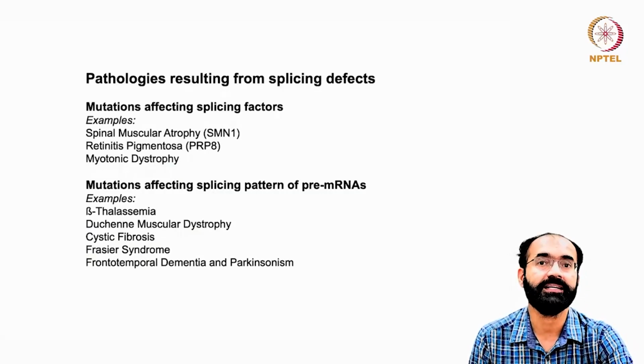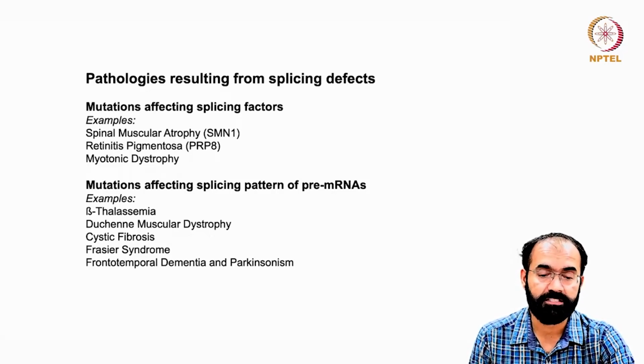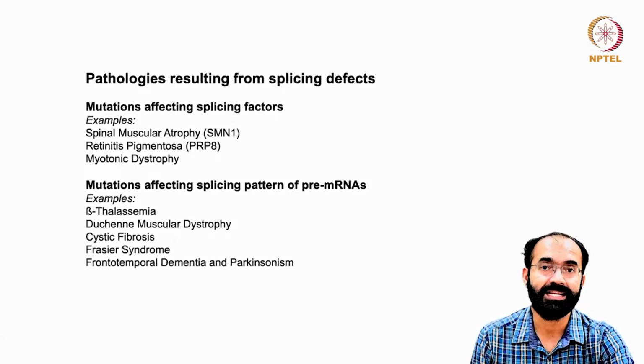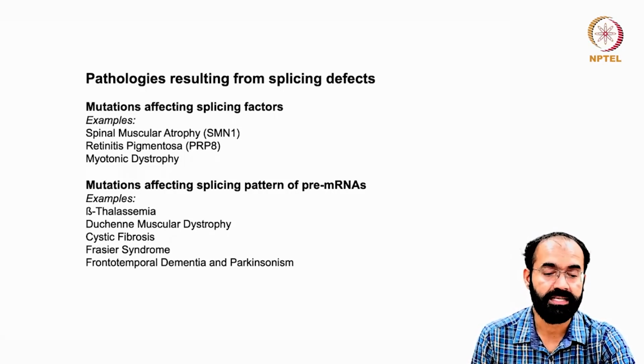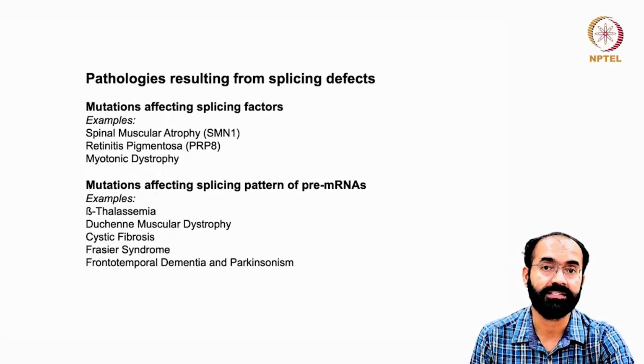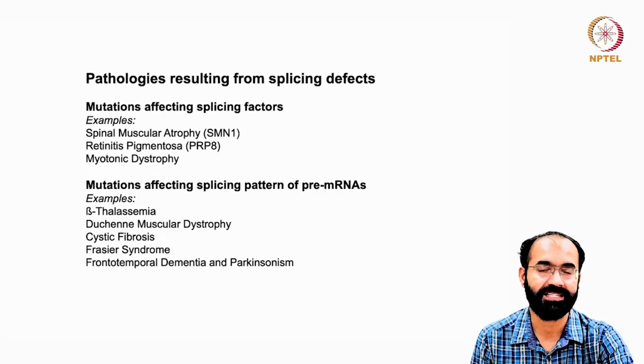This we have seen, we are revisiting it once again. Mutations can affect the splicing factors, and that can lead to diseases such as spinal muscular atrophy, retinitis pigmentosa, and myotonic dystrophy. This is caused because of mutations in the splicing factors, the proteins involved in splicing. Or mutations can affect the splicing pattern of a pre-mRNA, that means it is affecting a given splicing event.